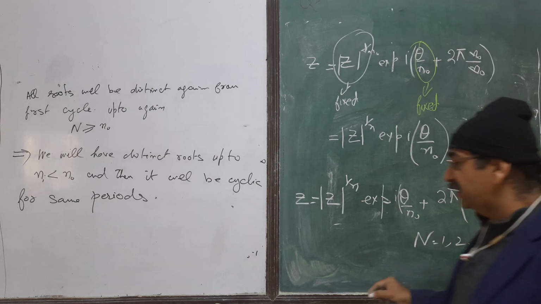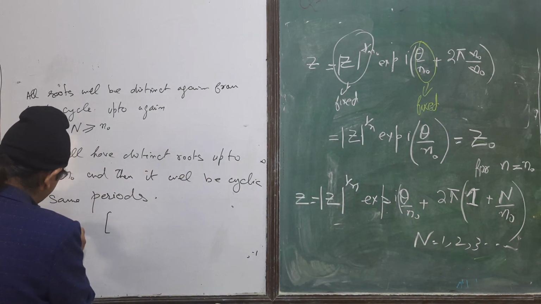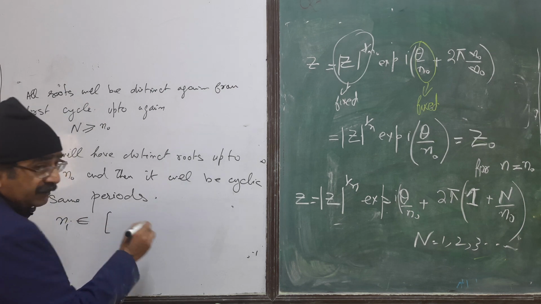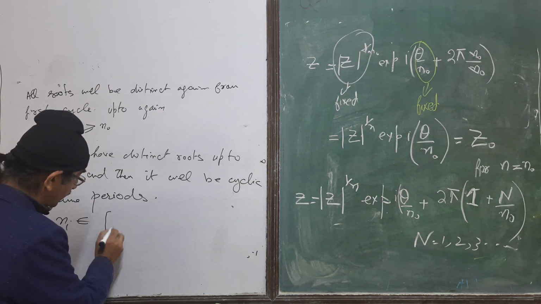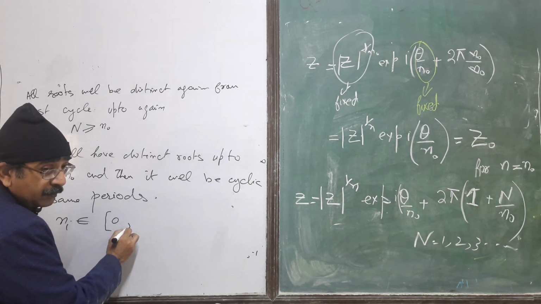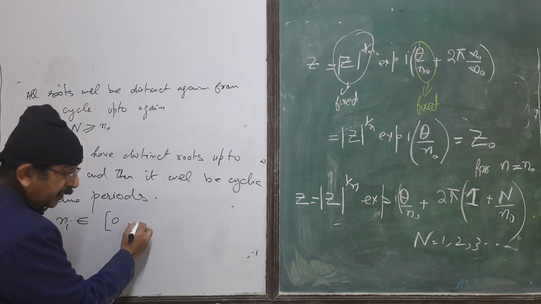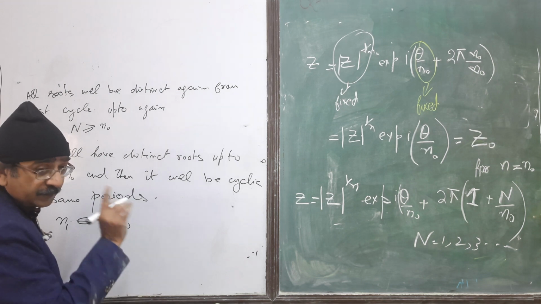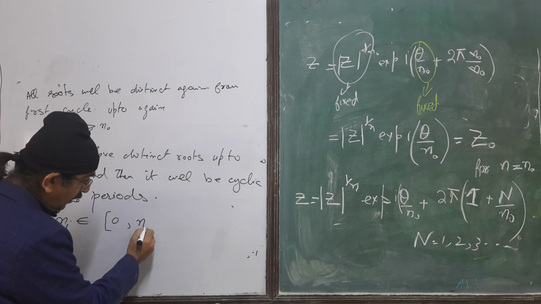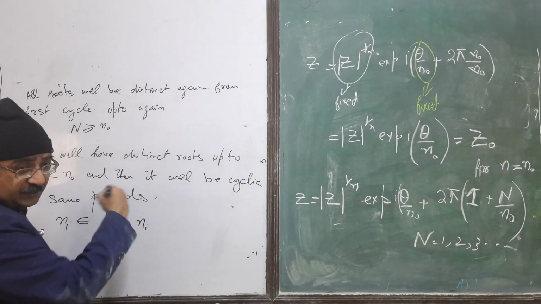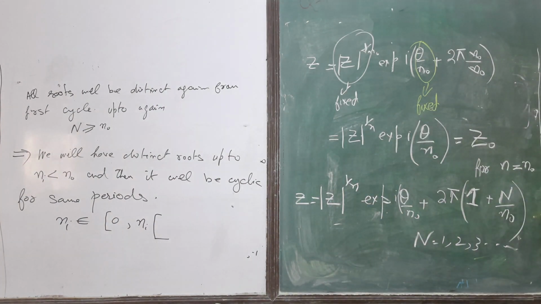So you have a set where the ni value will be cycling for 0 to ni, whose root we take, and that will be a cycle.